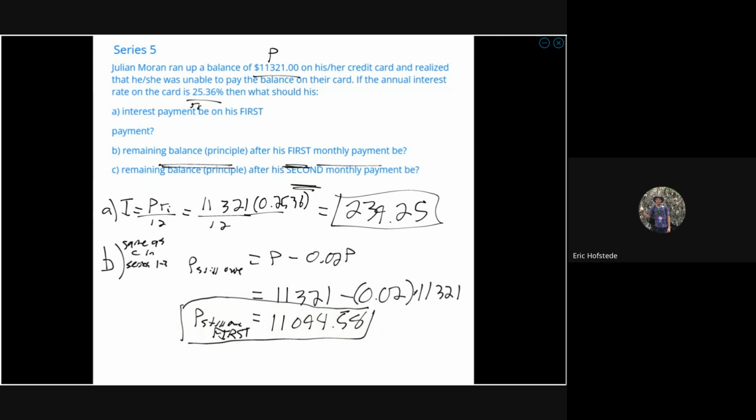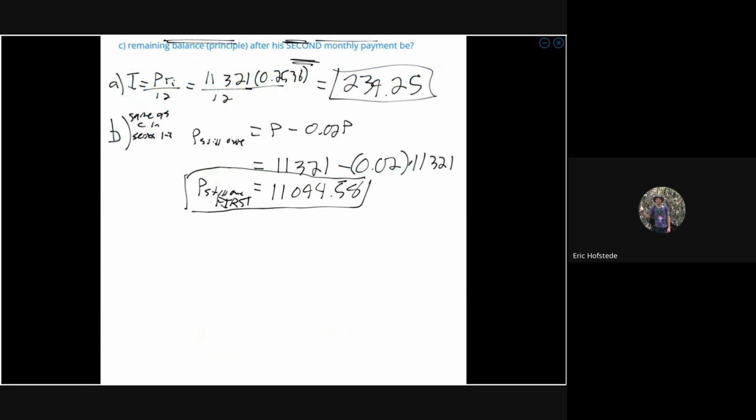That is the key difference. Principal from Part B is changing. So in C, let's call it the principal still owed first, which I just calculated. It becomes the principal for my second month statement.